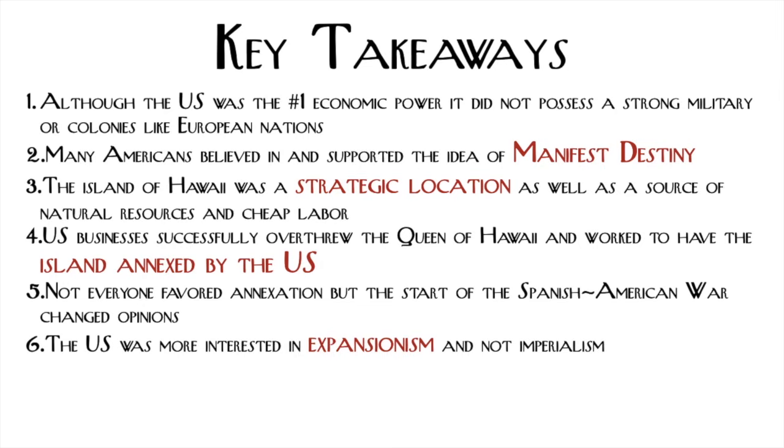U.S. businesses successfully overthrew the Queen of Hawaii and worked to have the island annexed by the United States, which it will. Not everyone favored annexation, but the start of the Spanish-American War changed opinions. And the U.S. was more interested in expansionism and not imperialism. This is something we'll explore a little bit later in future lessons.